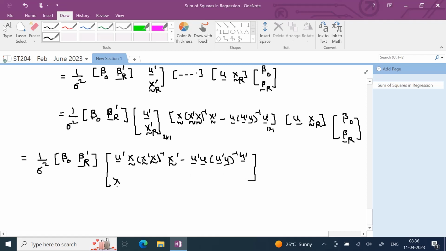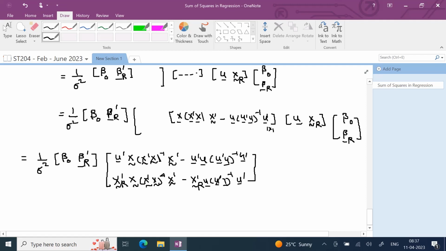The second entry will be X r prime X, X prime X whole inverse X prime minus X r prime U, U prime U whole inverse U prime. And this is as it is: I have U here, X r here, and beta naught and beta r here.